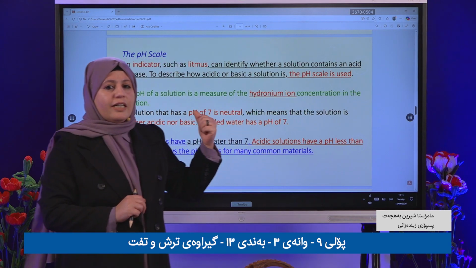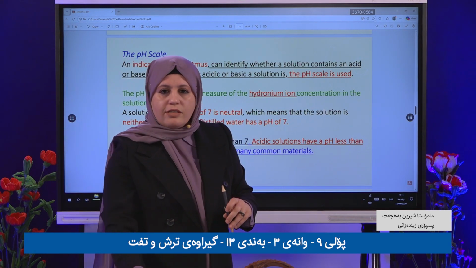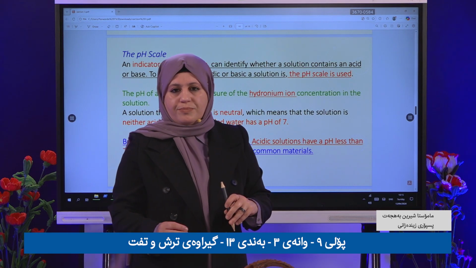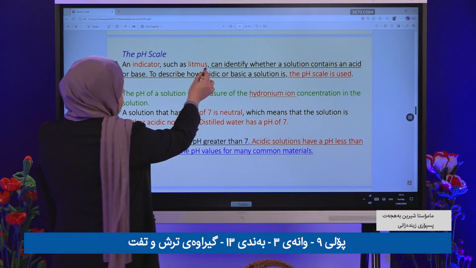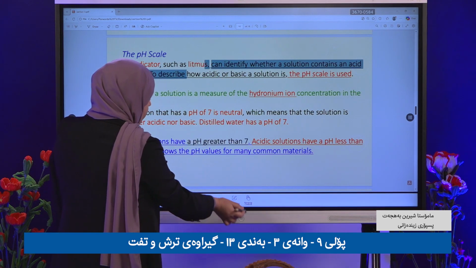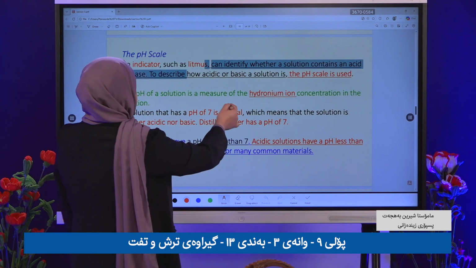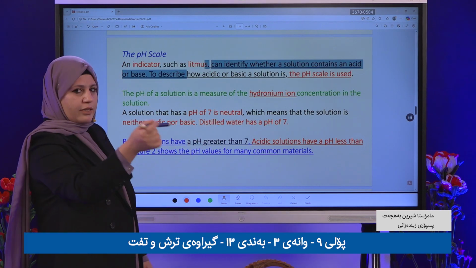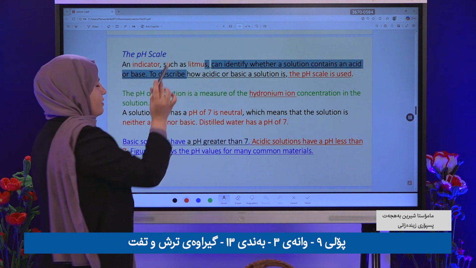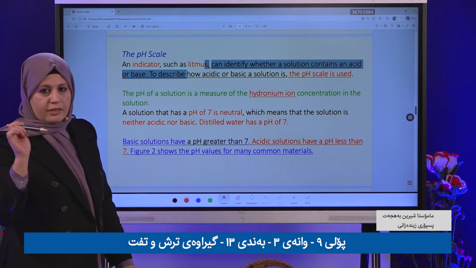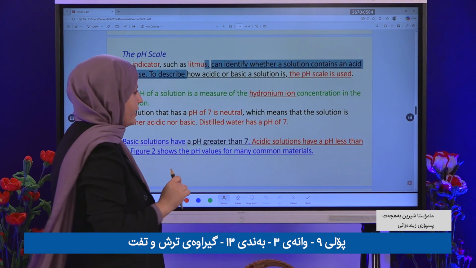But pH gives the value. We know it's acid or base, but we give the value. How? Indicators such as litmus, as I mentioned before. Litmus or an indicator only identifies whether the solution contains acid or base.